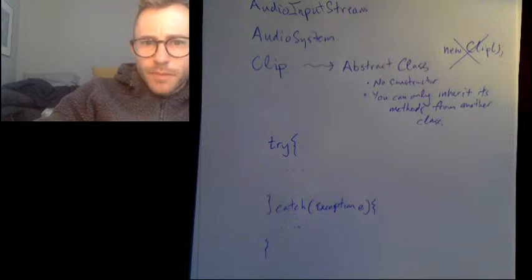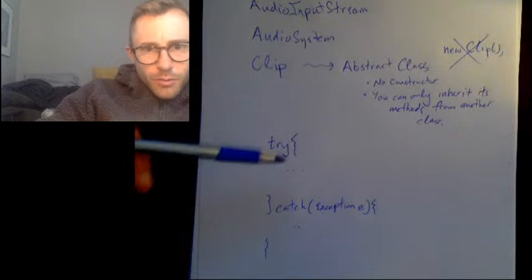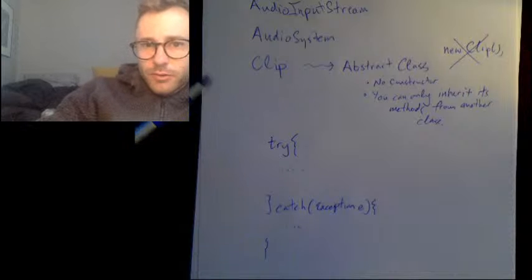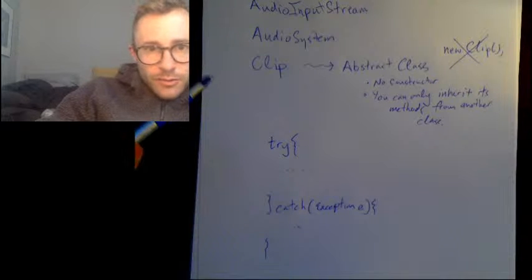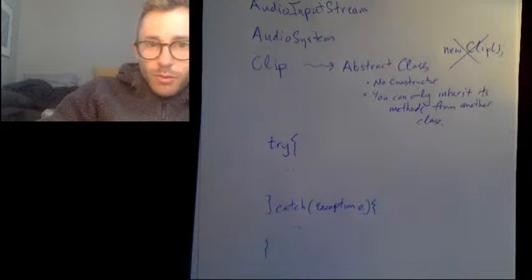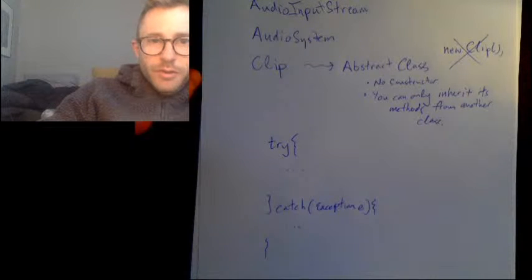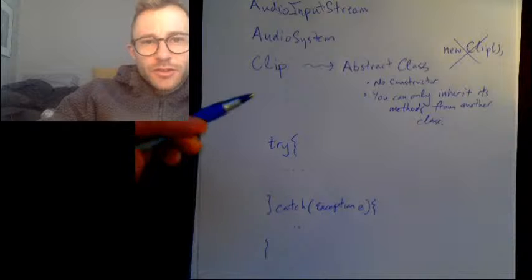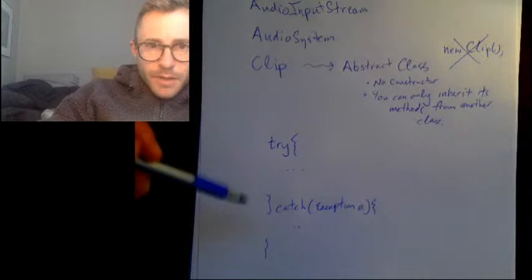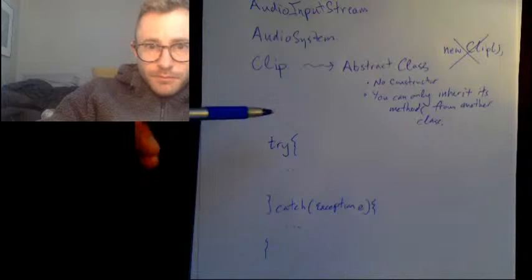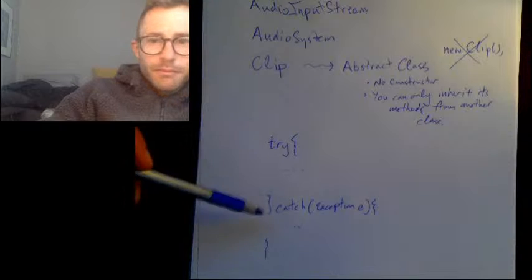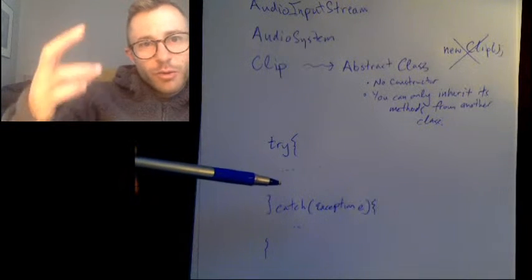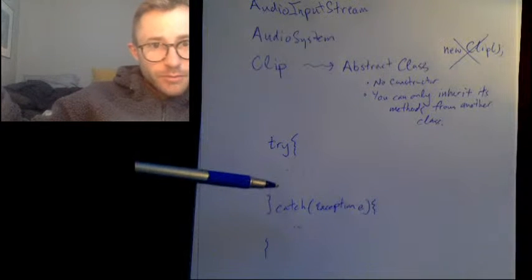So the way that a try-catch block works, you might remember that in a lot of the methods where we were throwing files or we were opening files, we made those methods throw input-output exceptions. This is a way that you can handle exceptions without making your method throw an exception.